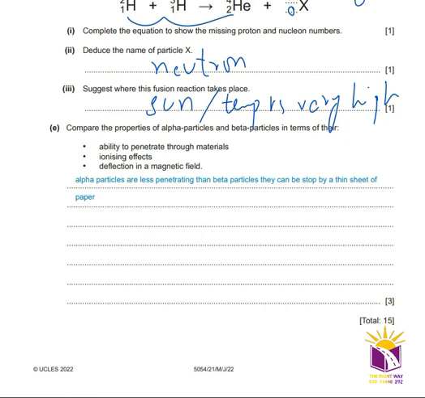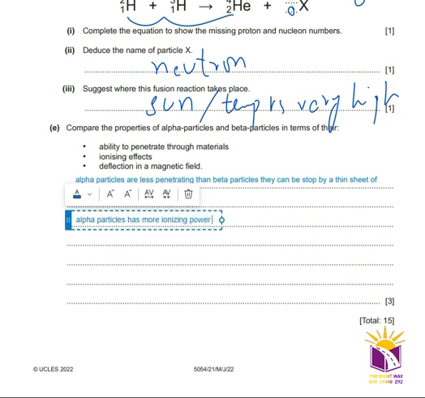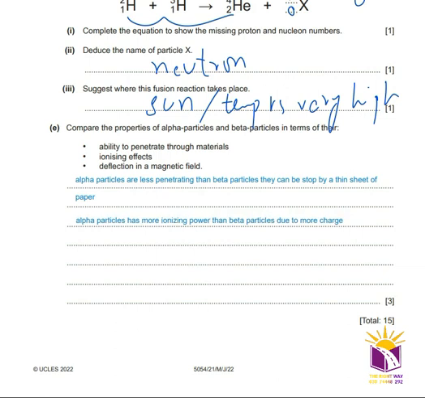For ionizing effect, alpha particles have more ionizing power than beta particles due to more charge, because an alpha particle is +2 and a beta particle is just -1.